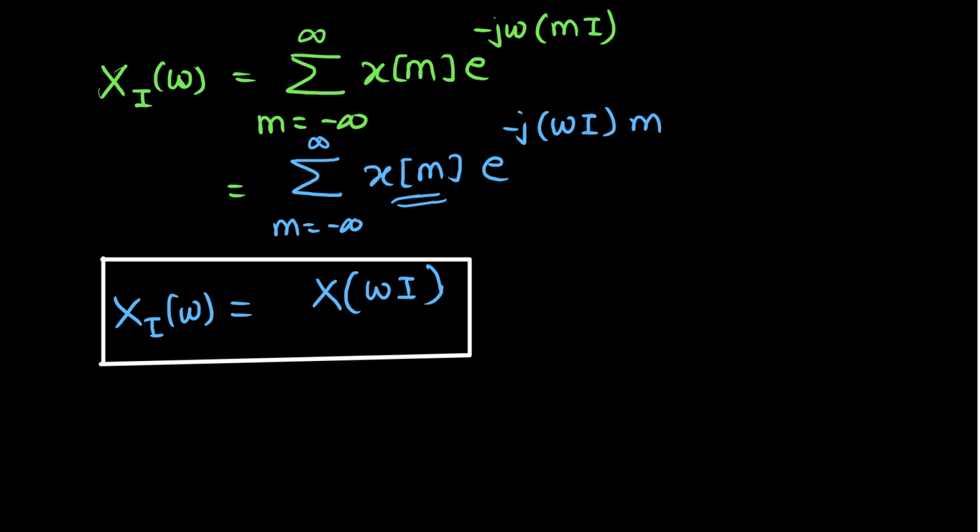So this is the discrete time Fourier transform of the interpolated signal.